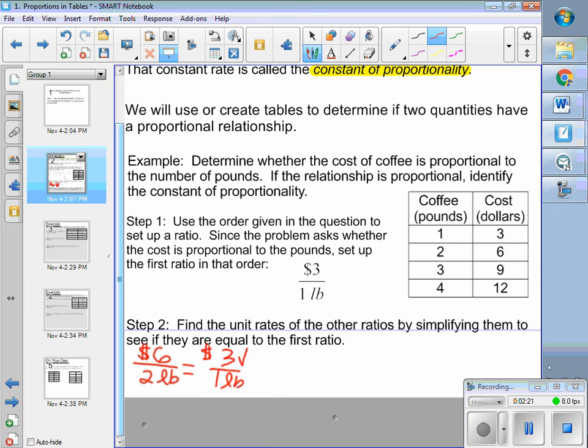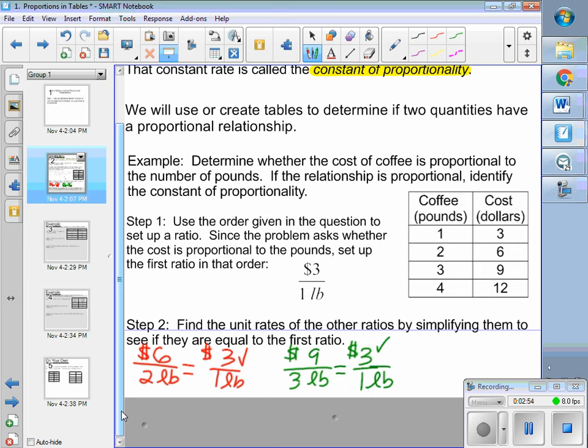Yes, so that works. The next one, I've got $9 over 3 pounds. If I simplify that, 9 divided by 3, I get 3 over 1, $3 over 1 pound. So yes, this one works.